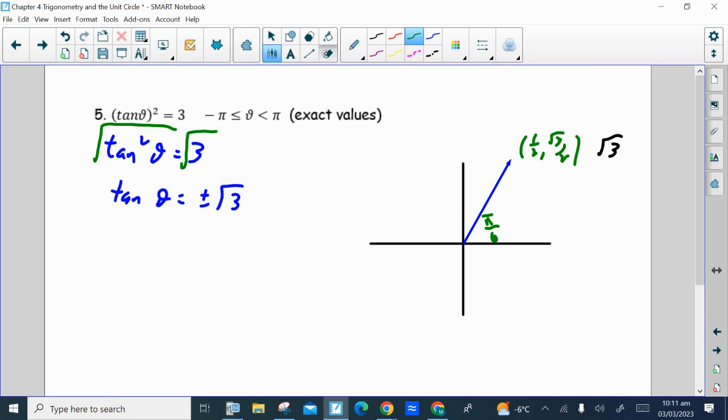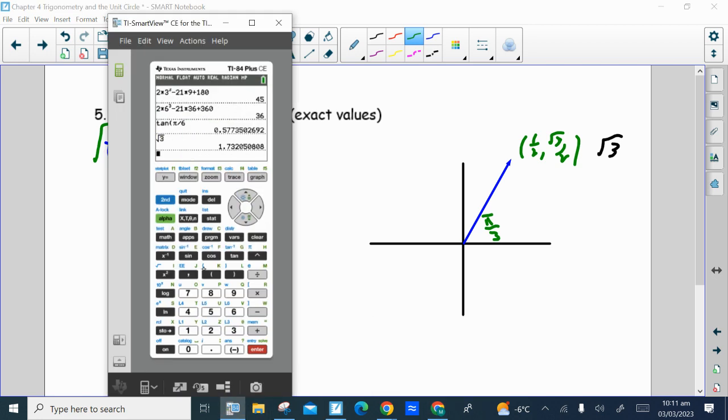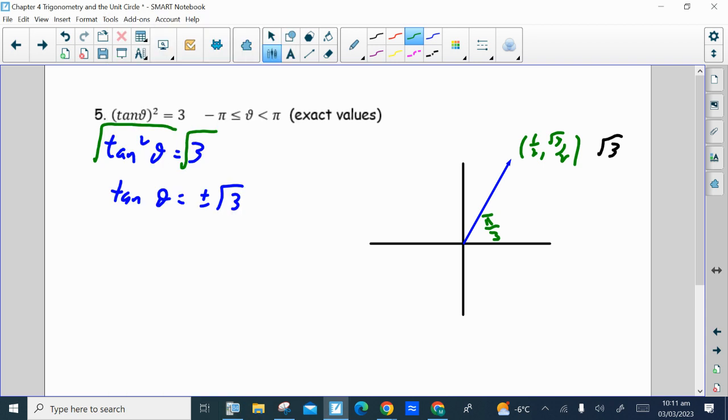I wrote pi on 6, but I did say pi on 3, so I need to fix that. My calculator just showed me that pi on 6 was wrong. But that angle is 60 degrees, which is pi on 3. And so now when you take the tangent of pi on 3, you will get 1.73, which is root 3. So the calculator can be used to check your reference angles.